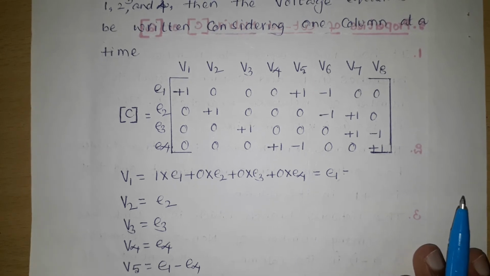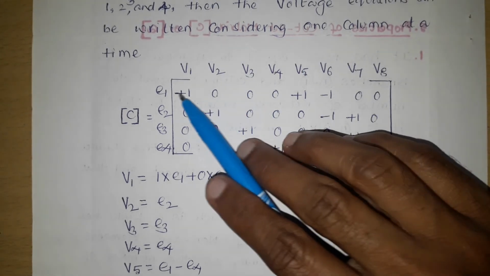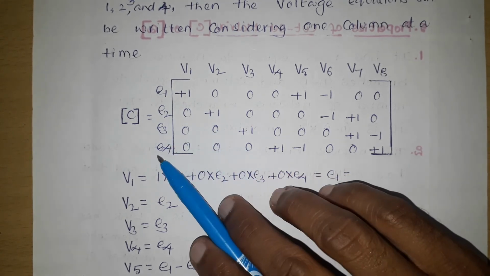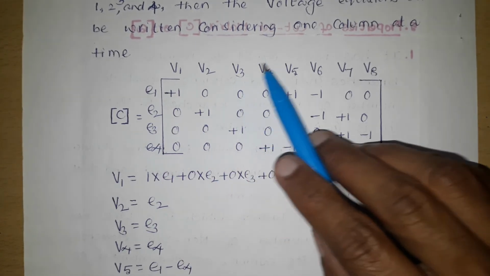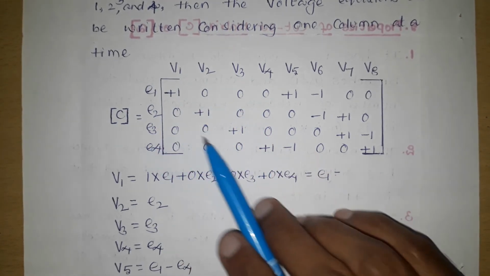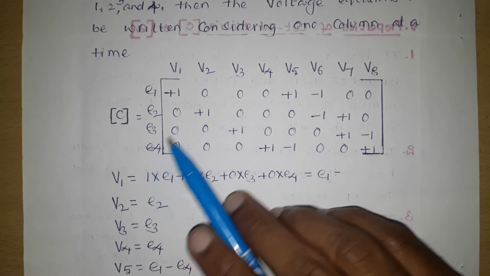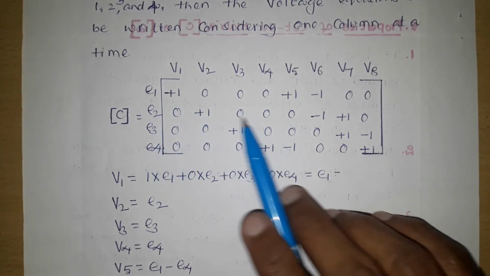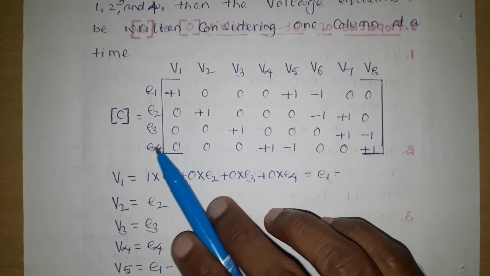Similarly, V2 equal to 0 into E1 plus 1 into E2 plus 0 into E3 plus 0 into E4. V3 equal to 0 into E1 plus 0 into E2 plus 1 into E3 plus 0 into E4. V4 equal to 0 into E1 plus 0 into E2 plus 0 into E3 plus 1 into E4.